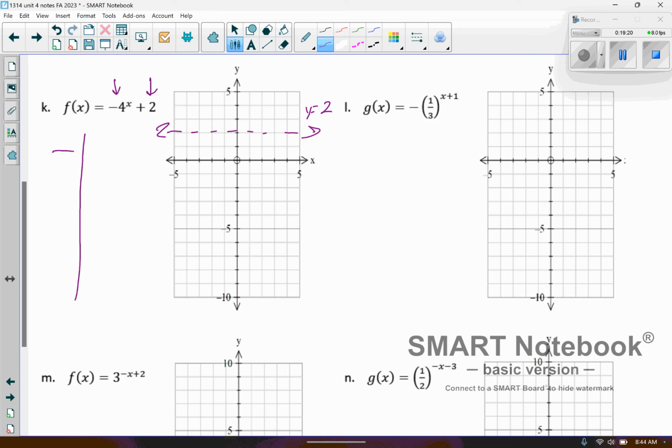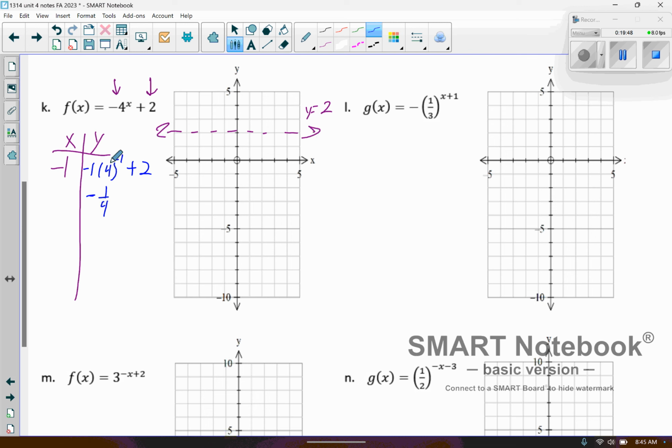And so once again, we'll pick values. We'll start with negative 1, then 0 and positive 1, and that should be good enough. So remember that negative gets applied after you have 4 to the power of negative 1, and then we have that plus 2 right there. So the 4 to the negative 1 turns that to a 1/4, and then you have the negative that was just waiting for you right there.